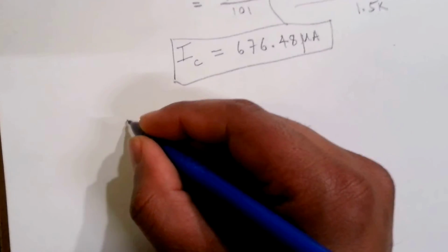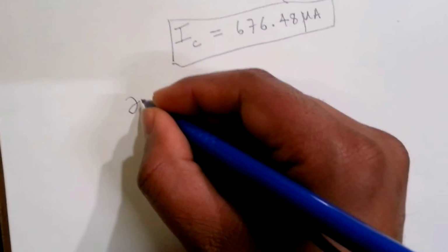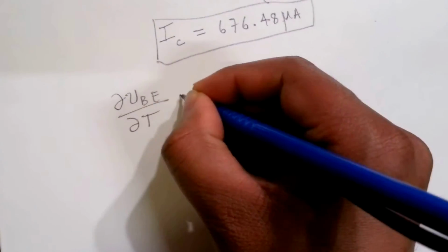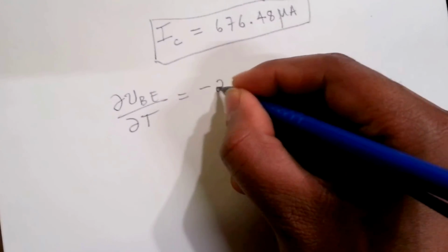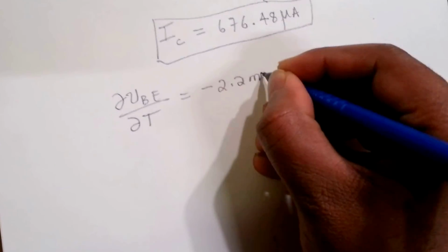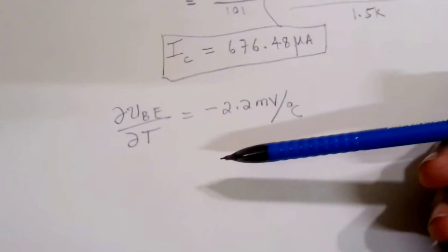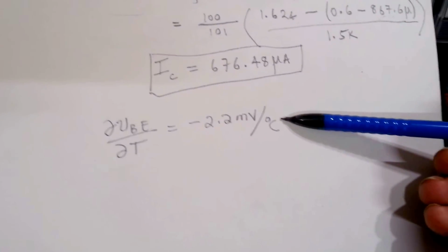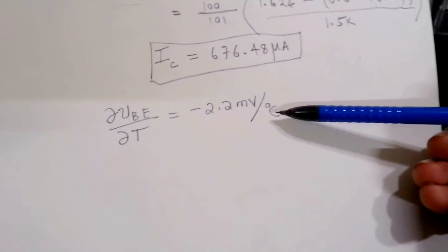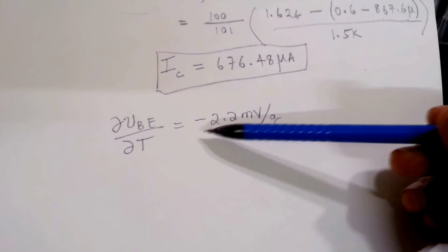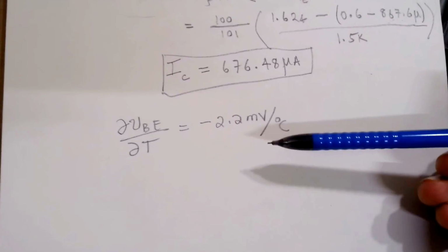But so the partial derivative of VBE with respect to temperature is actually minus 2.2 millivolts per degree C. So as you can see, for 1 degree of change, we'll have a drop in VBE by 2.2 millivolts.